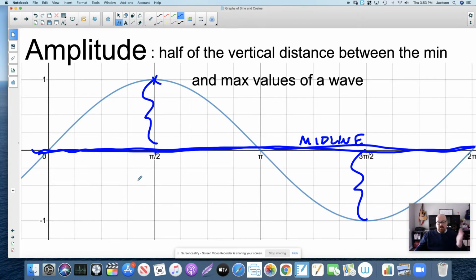We said that the amplitude of this wave is 1 because the distance between the max and min is 2 and half of 2 is 1. If you can identify the midline as the halfway point, then both the min and the max are 1 unit away from that. So there are multiple ways to identify amplitude from the graph and from the function. We're going to look at it tabularly later on, if that's even a word. All right, I should stop.